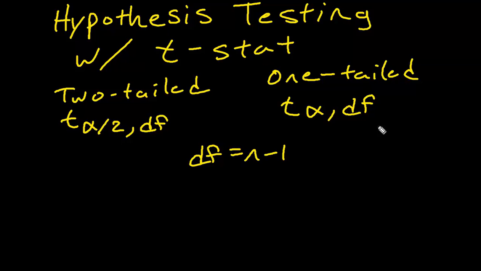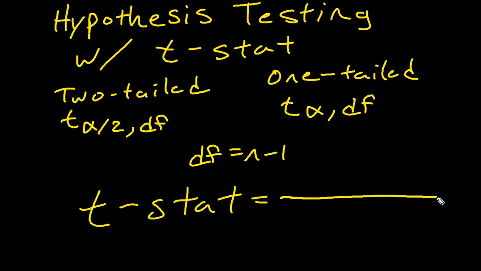They're really just basically saying for the critical value, we're just going from using z to using t. Then for the test statistic, previously it was the z stat. Now we're going to be calling it the t stat because we are using the t distribution. It's going to look pretty much the same as it did before.